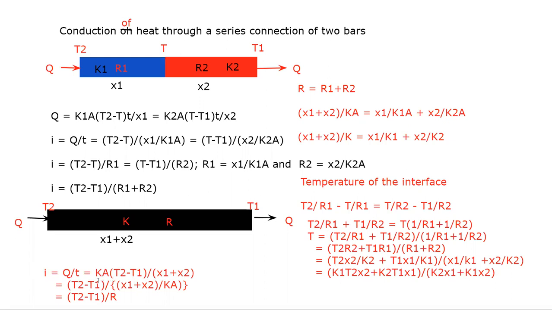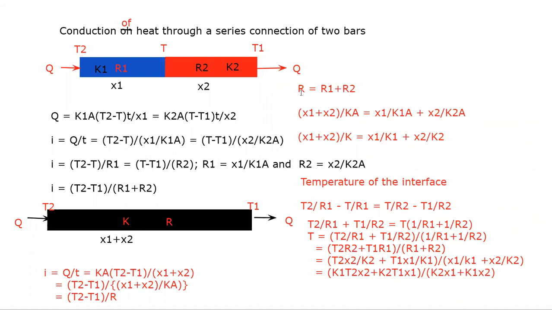From here again we take KA to the denominator side, then we get (T2 minus T1) divided by (x1 plus x2) by KA, which is equivalent to R, the thermal resistance of the composite single bar. If you compare these two equations, I equal to (T2 minus T1) by (R1 plus R2) and I equal to (T2 minus T1) by R, then we can write that capital R is equal to R1 plus R2.